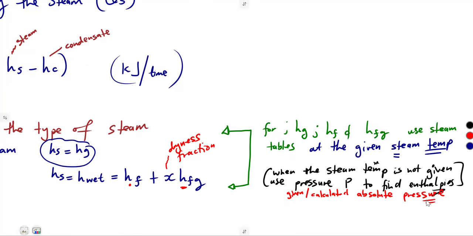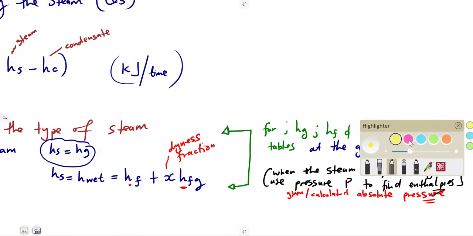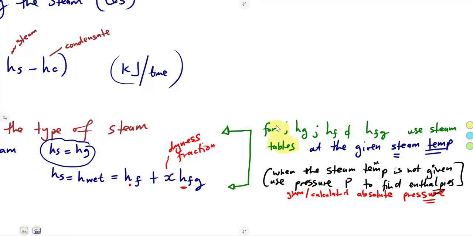Don't take this into consideration when the temperature is given. The first thing to consider is: am I having that temperature, the temperature of the steam? When I am having that, use it to find anything, because it is the temperature that is operating for that steam.